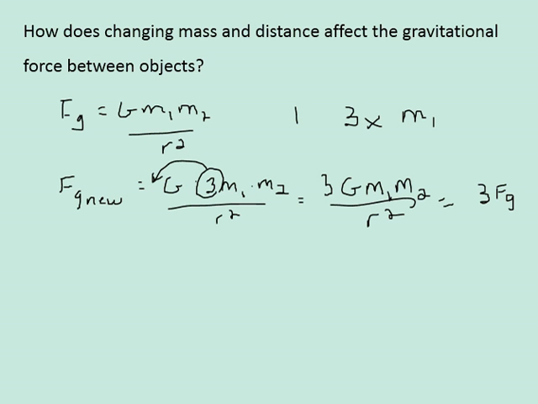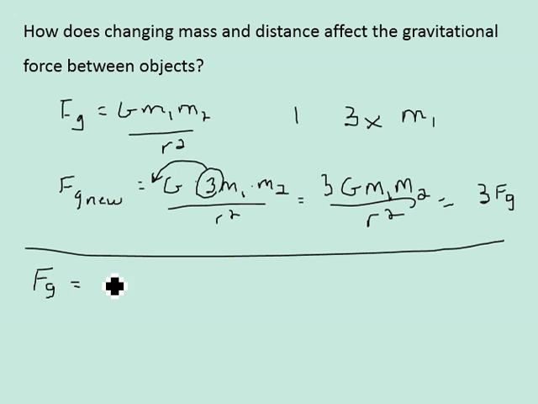Now, what if we change the distance? So say, for example, again, we had the force due to gravity between two objects was equal to our universal gravitation equation. And then say we doubled the distance between them. So we keep our masses constant, but we double the distance between their centers.